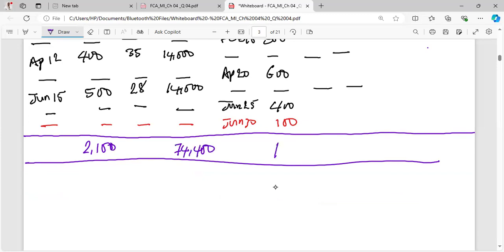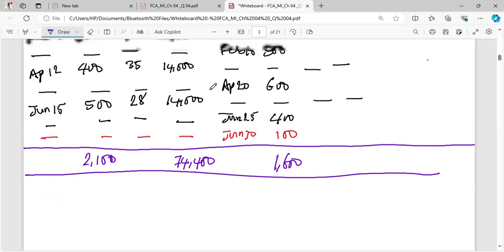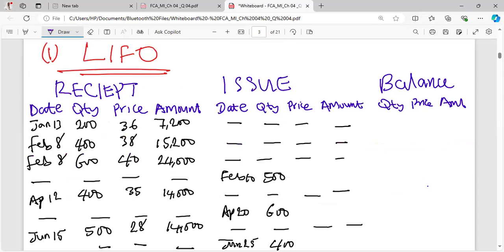And this should give us 16. So let's now complete it. So our balance. What will our balance be?